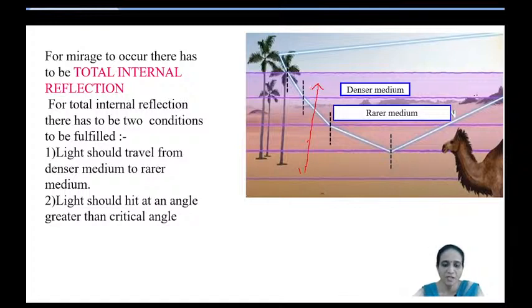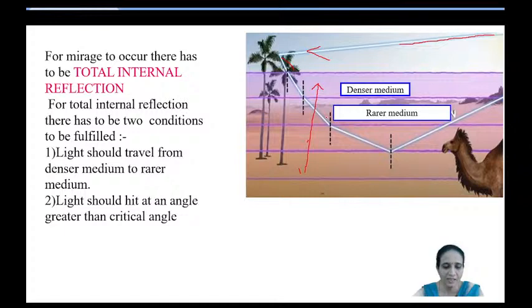The light from the sun hits the object. After hitting the object, the light reflects and enters the first layer, correct? The first layer over here is a denser layer. As the light goes from the denser medium to the rarer medium, the first layer is the denser medium and the second one is the rarer medium.